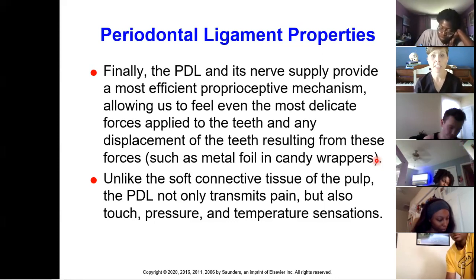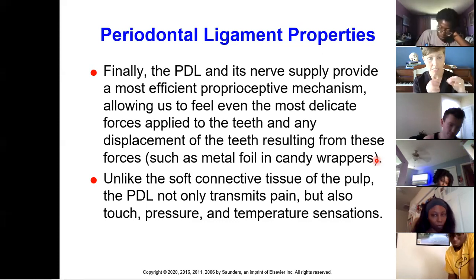Finally, the PDL and its nerve supply provide the most efficient perceptive mechanism for allowing us to feel even the most delicate forces applied to the teeth and any displacement of the teeth resulting from these forces, such as metal foil on a candy wrapper.